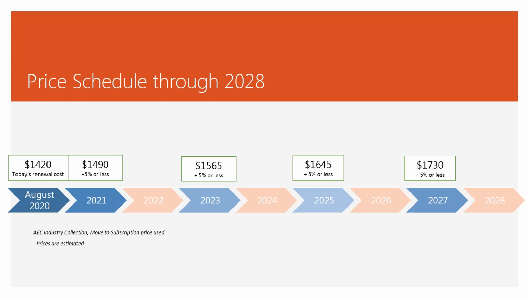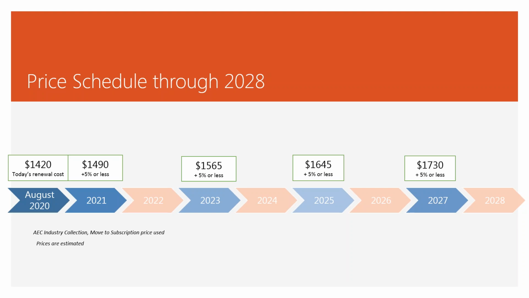We have seen Autodesk increase the brand new license price every May. They've increased those prices 5%. So when you buy a brand new license, that price always seems to go up every May. But to renew those licenses, it is a different price. It's a little cheaper renewal price than it is to purchase a brand new license.